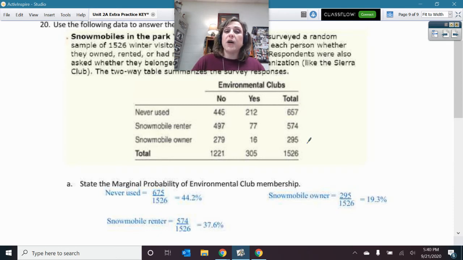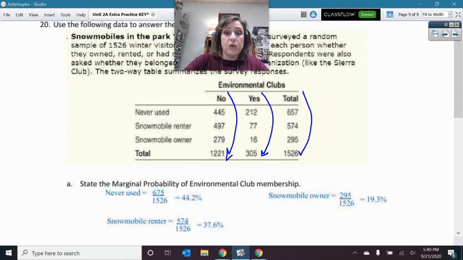So, because of that, we have this supposition that whether you're in the environmental club might affect your usage or your role with snowmobiles. So, we're going to do our fractions in this direction.